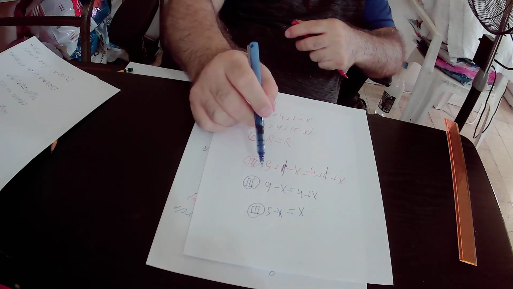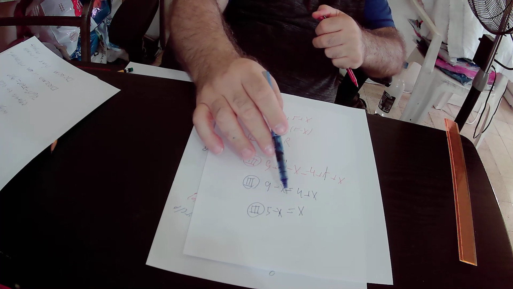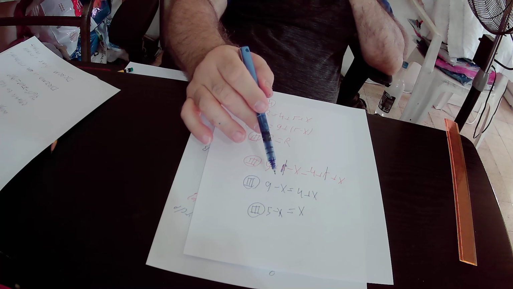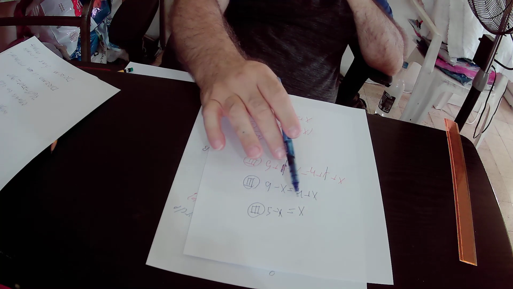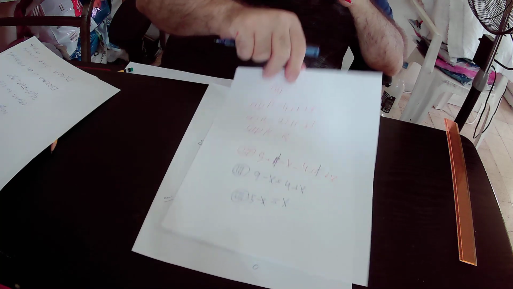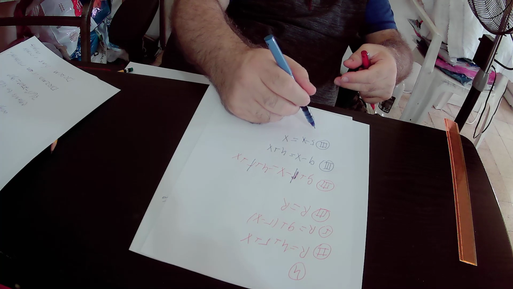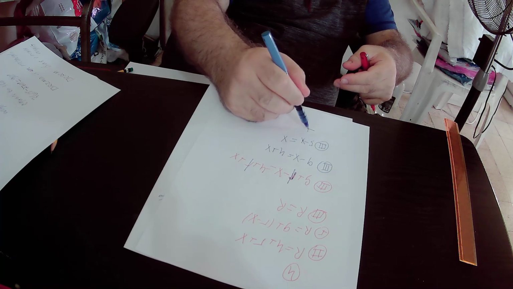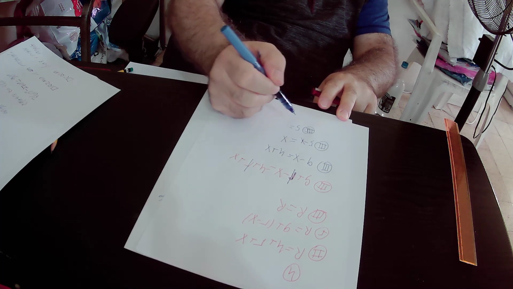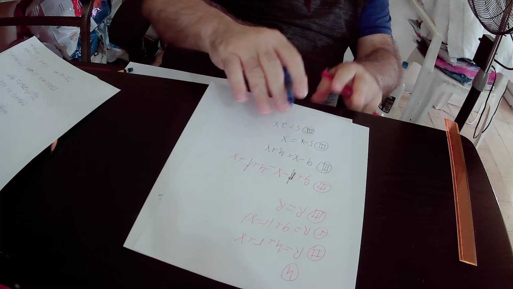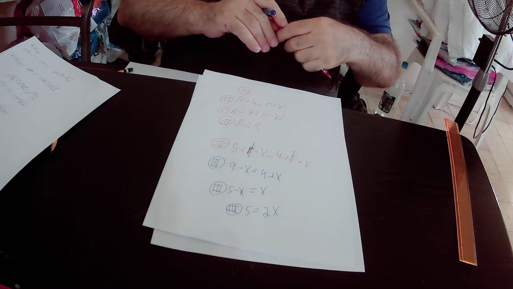We subtracted 4 from equation number 3 and we got that 5 minus x equals x. Here we will add x to equation number 3 and we will get that 5 minus x plus x is 5, equals x plus x is 2x. Okay, we got that 5 equals 2x.